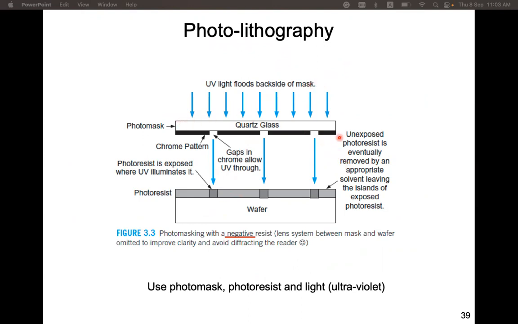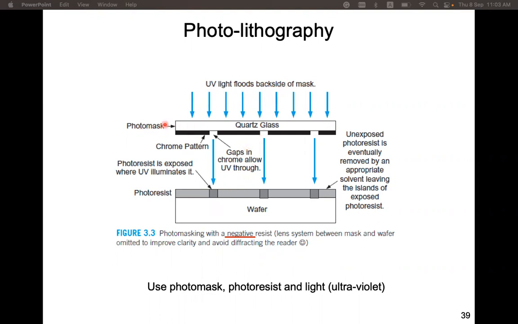This is like an inscribed stone, the photomask, or in short, mask. It's basically some glass with a pattern. Some regions are transparent, some are not. So it's patterned glass, transparent to light of a certain wavelength.